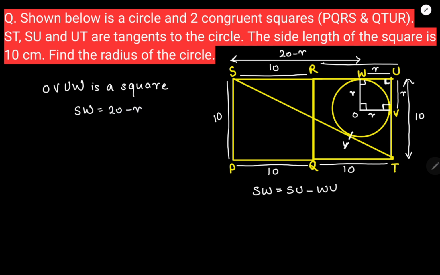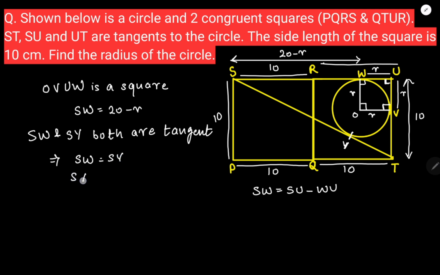Now SW and SY both are tangents to the same circle from the same point. This implies SW is equal to SY, so SY is also equal to 20 minus r.